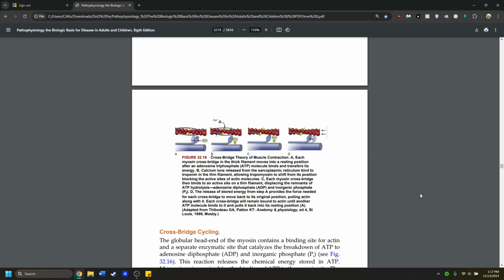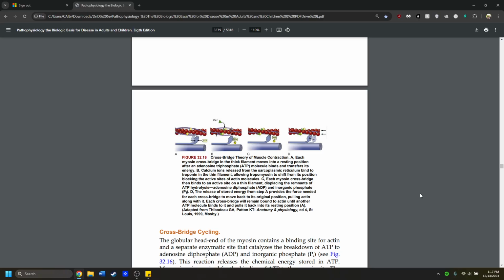So here we are looking at the cross-bridge theory of muscle contraction, where each myosin cross-bridge in the thick filament moves into the resting position after an adenosine triphosphate molecule binds and transfers its energy. So we're looking at this ATP. Let's take a look at the calcium ion release from the sarcoplasmic reticulum.